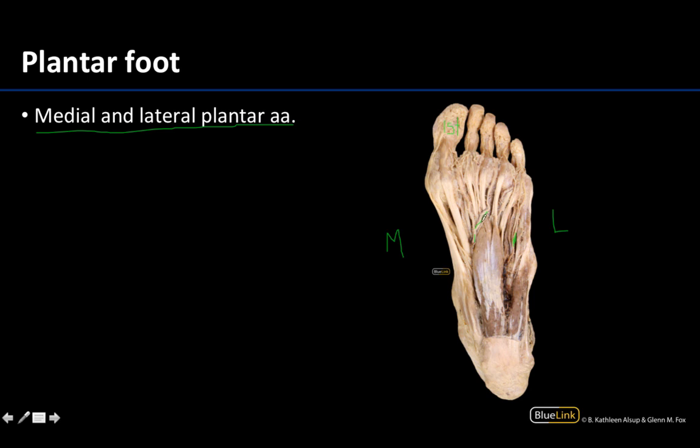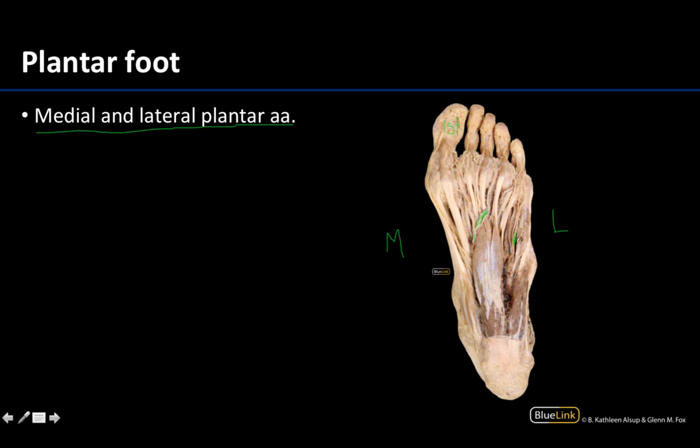And you can see that it's starting to form a little superficial plantar arch. This is not that plantar arterial arch that's a little bit deeper. Not all individuals will have such a clear arch, but you do see this on this particular individual.